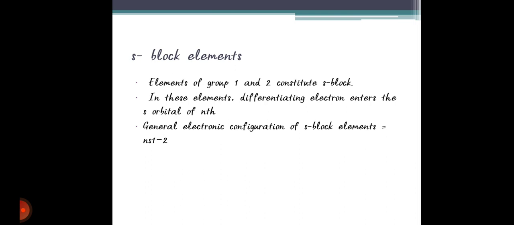Coming to s block elements, elements of group 1 and 2 constitute the s block. In these elements, the differentiating electron enters the s orbital of the nth shell.